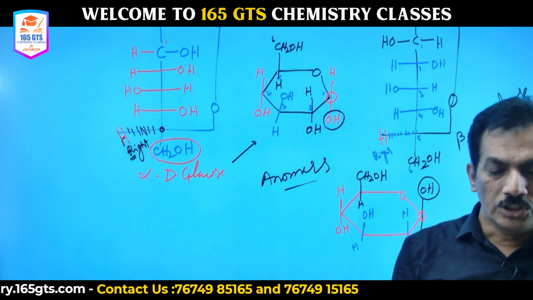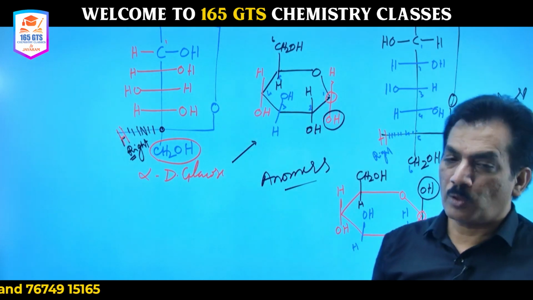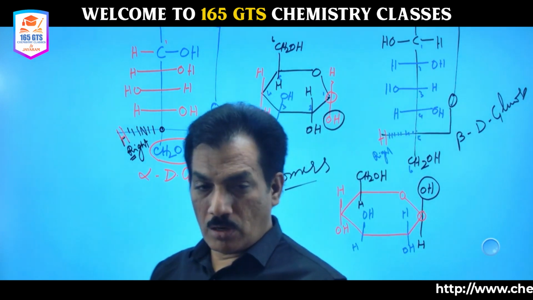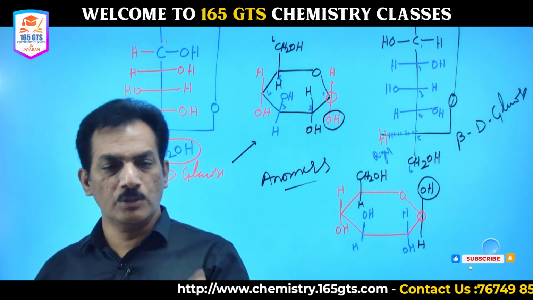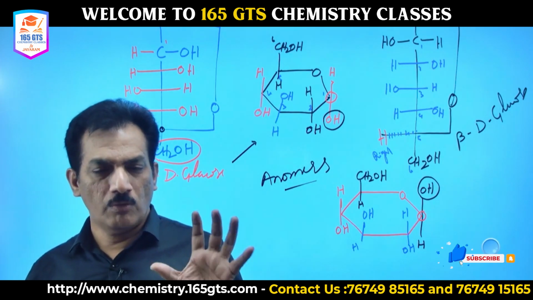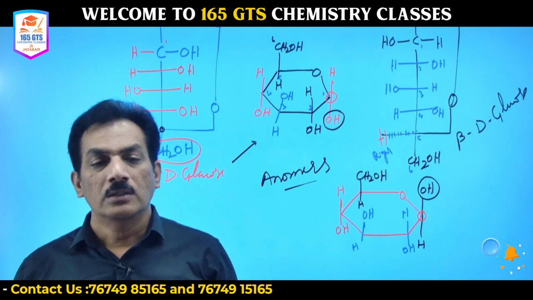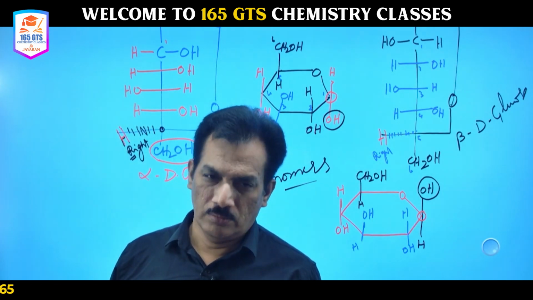Then, how can these alpha and beta form structures be written? For that purpose, Haworth proposed a new structure by comparing with pyran, having a cyclic structure which has 6 members, out of which 5 are carbons and 1 is oxygen. That is why the structure given to glucose is known as the pyranose structure.